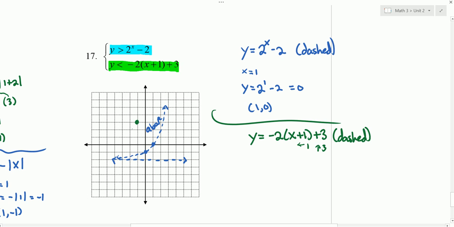And we need another point, so pick an x value, say 0. Then y is going to be negative 2 times 0 plus 1 plus 3, and you end up with positive 1, so 0, 1, dashed.